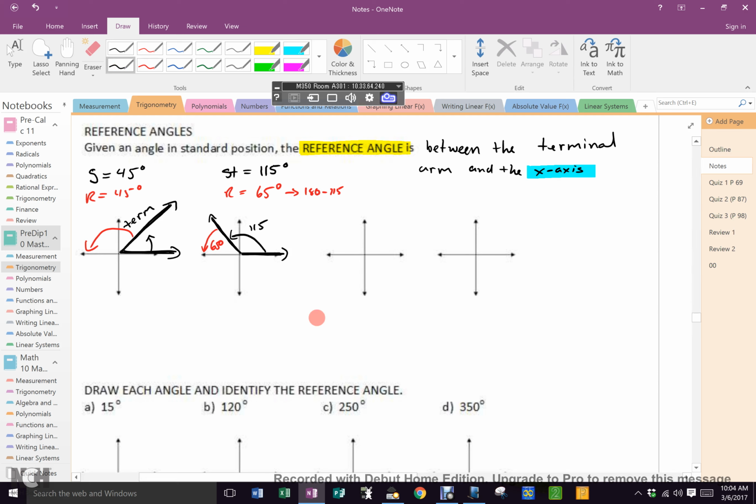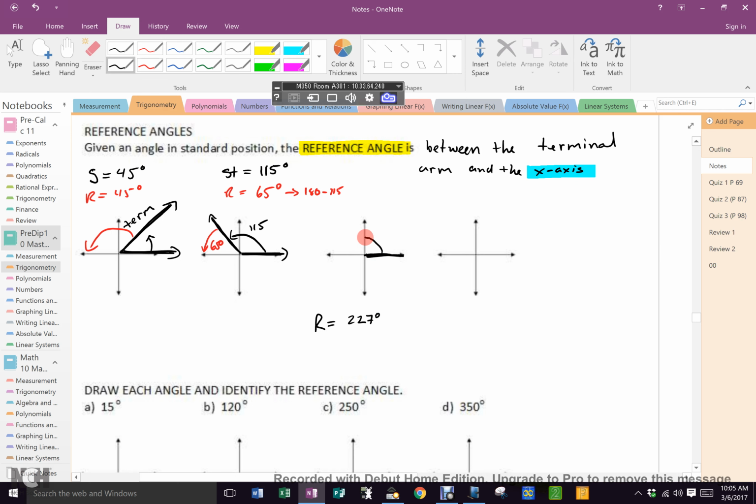The third one, your reference angle is going to be 227. Where's that? So I start here. And I start going around.